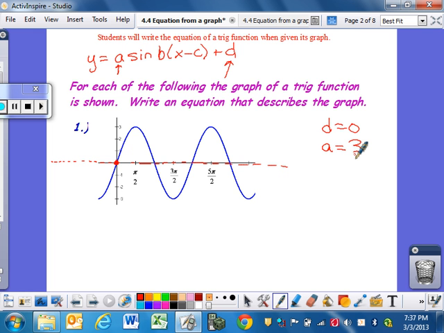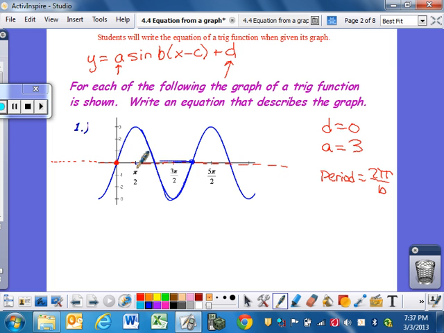Alright, I also need to figure out my B. My B refers to, remember, that period equals 2 pi divided by that B value. So in this case, let's see here. What do I need to do? Period start, so I go through, go down, go back, and I finish right here. So what is that distance to where I start to repeat?